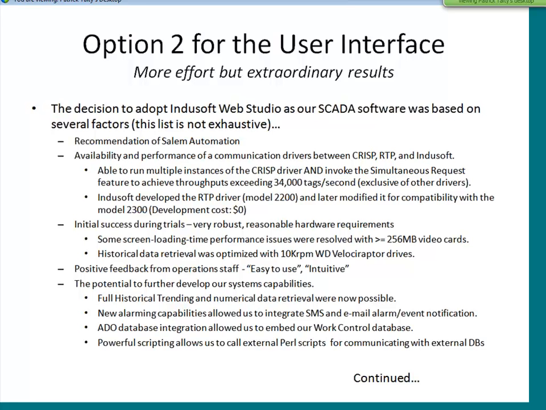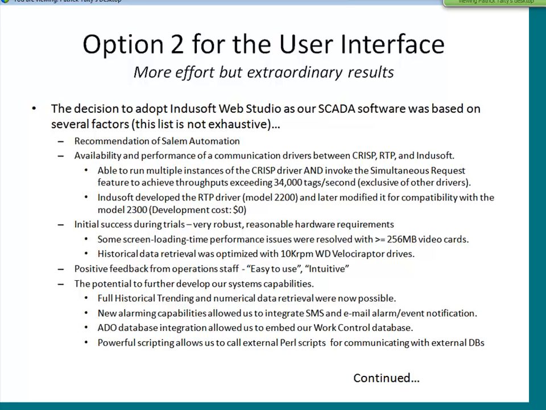It is deterministic, or it is determined by the particular situation. But it did allow us to take that 8,500 tag per second throughput and multiply that by a factor of 4 for sustained throughput.